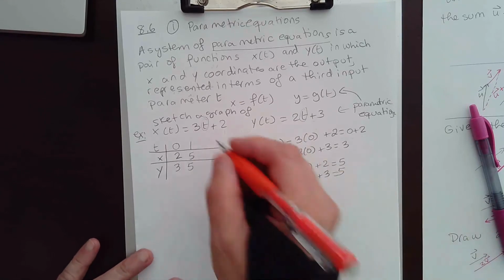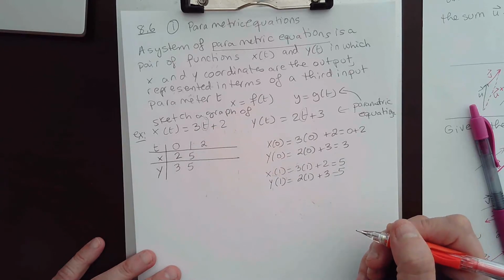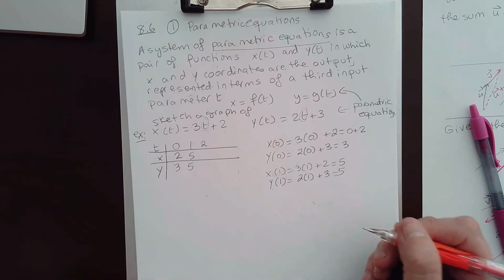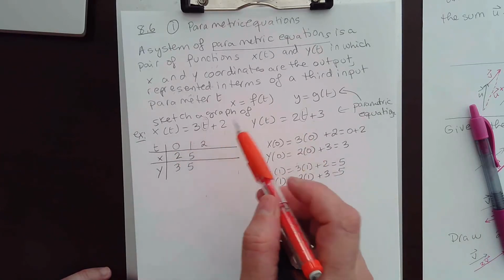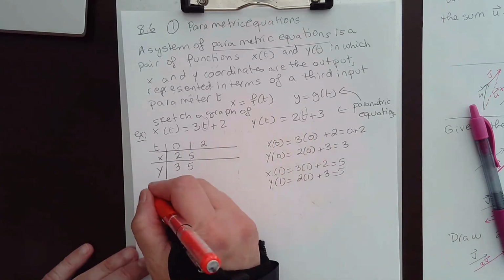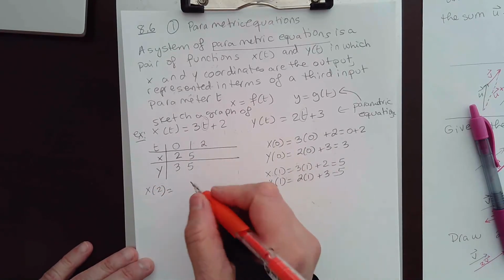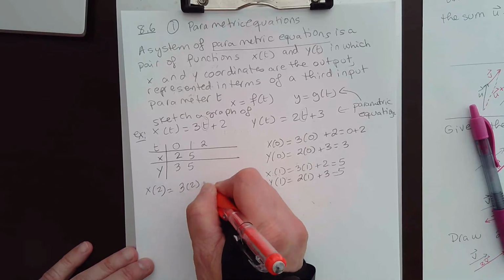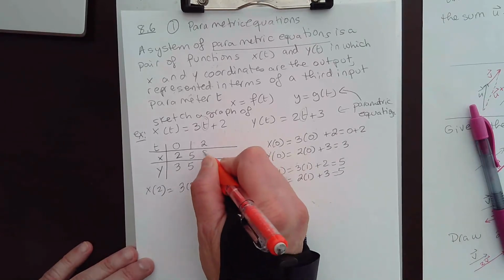So let's select other points on the graph. When t is 2, again, we're going to be doing the same thing. We're going to replace t for both x and y with 2. So x2 would be 3 times 2 plus 2. 3 times 2 is 6. 6 plus 2 is 8, right?